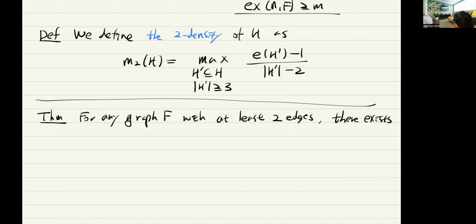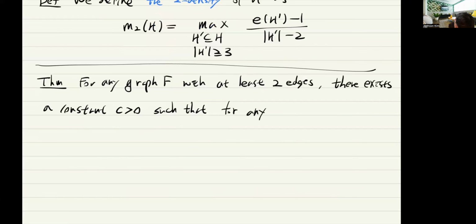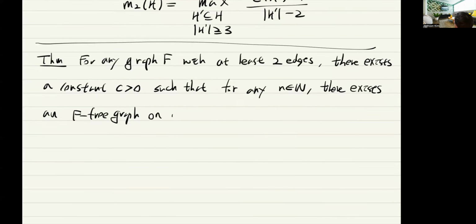There exists a constant C such that for any n, there exists an F-free graph that contains no F as a subgraph on n vertices, with at least C times n to the 2 minus 1 over the 2-density of F edges.